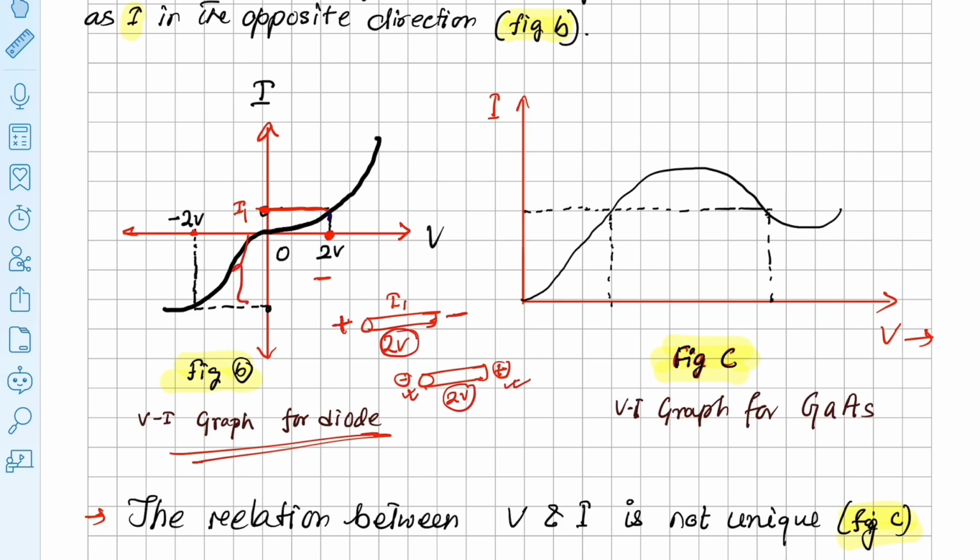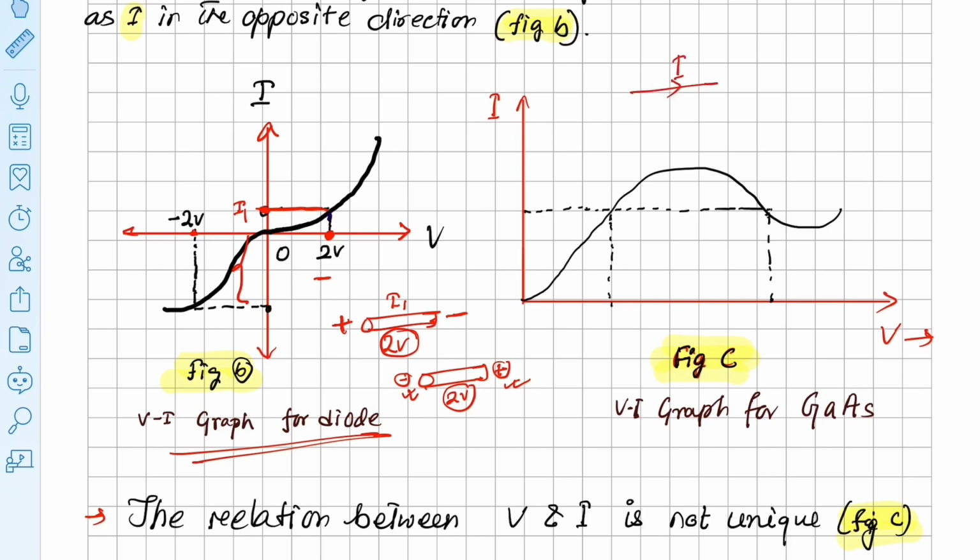That's it. Here you see, you are not getting the same magnitude of current. Here we are going to get, suppose, negative I2. The negative sign doesn't mean that current is a vector. It is just to represent the direction of current, that's why I have given the negative sign.